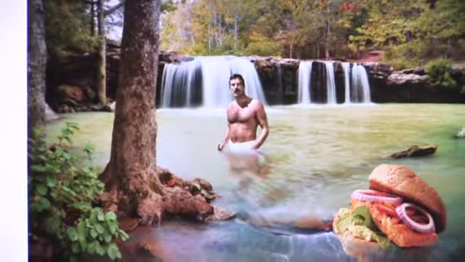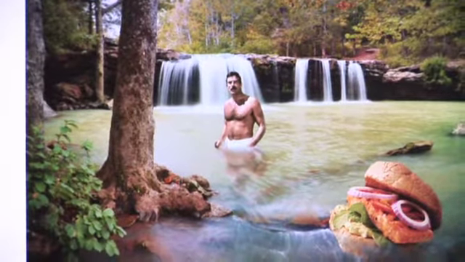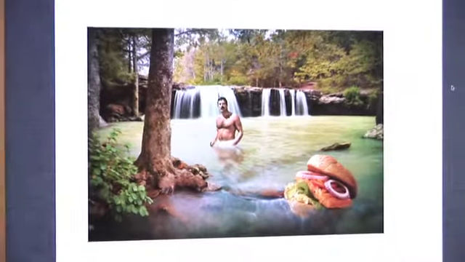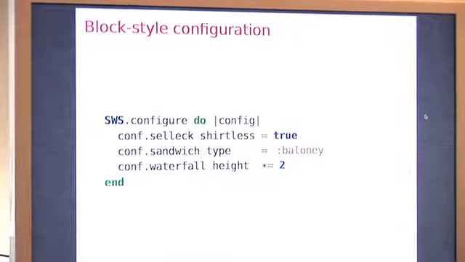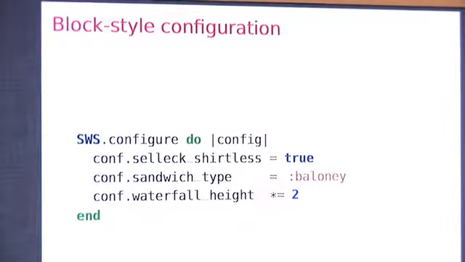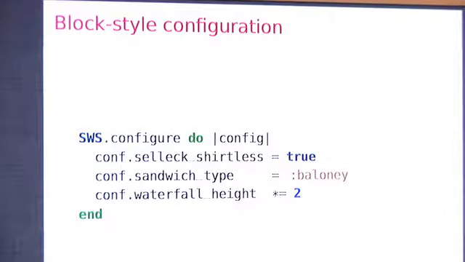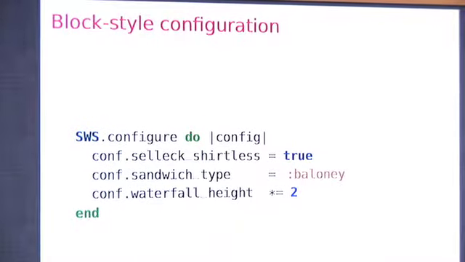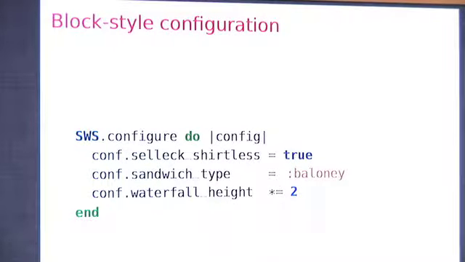Let's talk about API design, the top level API of your library. We talked about this a little bit Tuesday. There's an idiom that's been emerging of this block style configuration. You can see this in RSpec configuration.